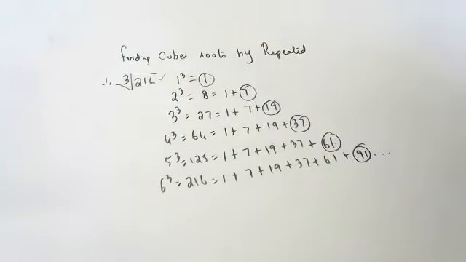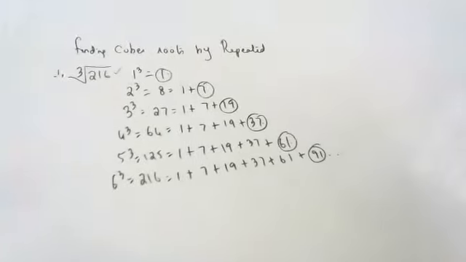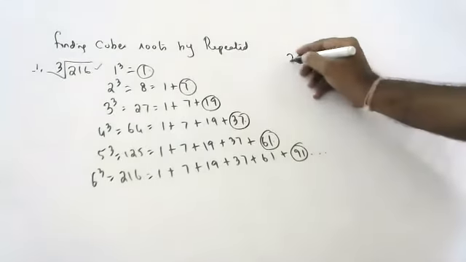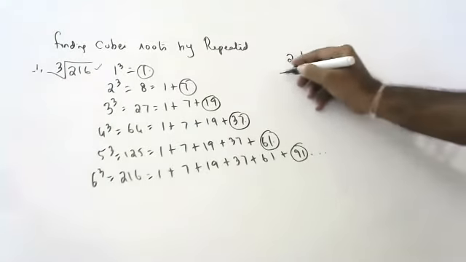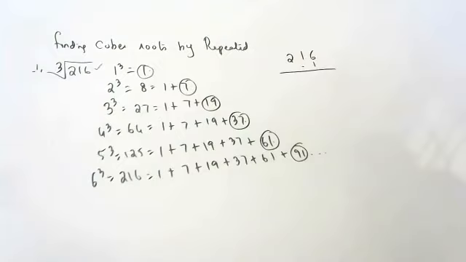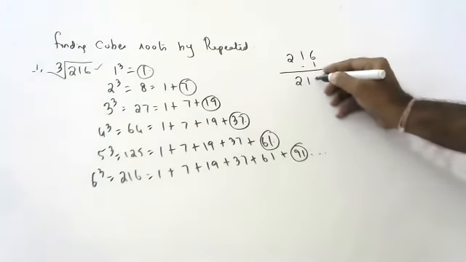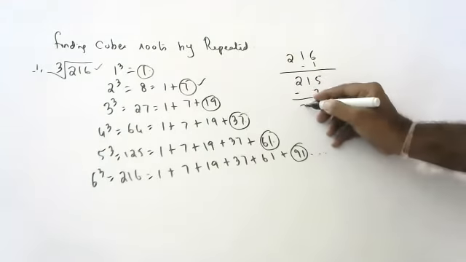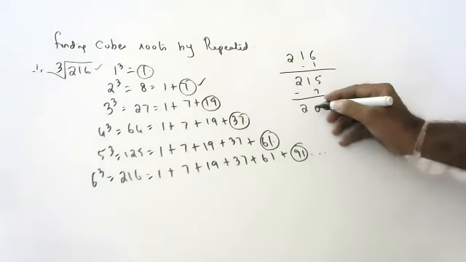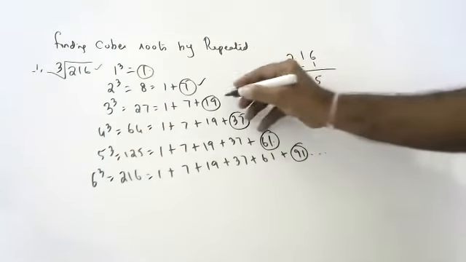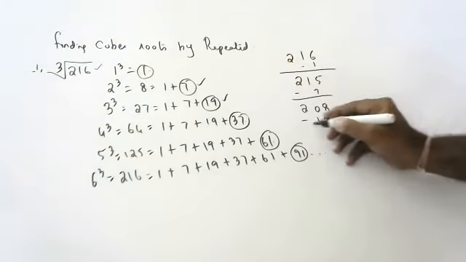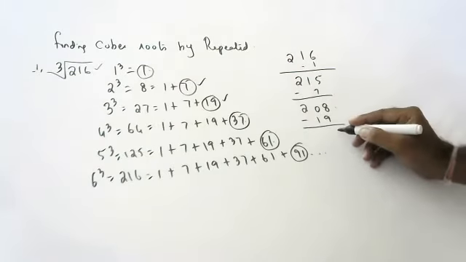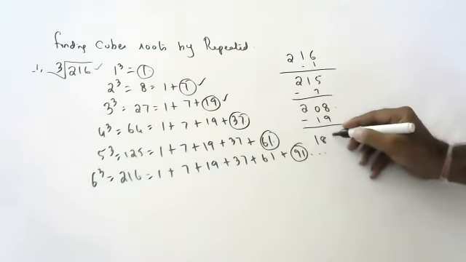Now our aim is to find the cube root of 216. First, 216 minus 1 is 215. Next, 215 minus 7 is 208. 208 minus 19 is 189.